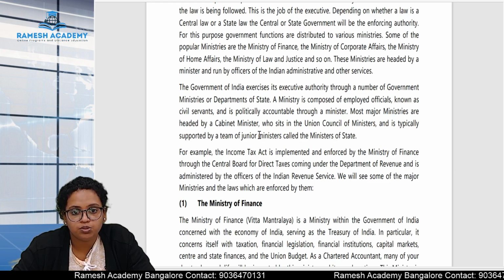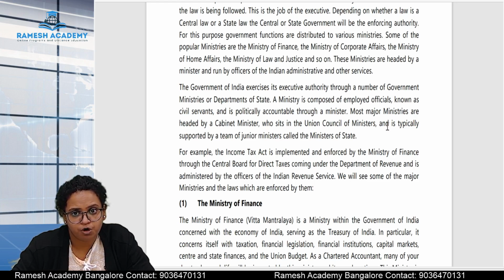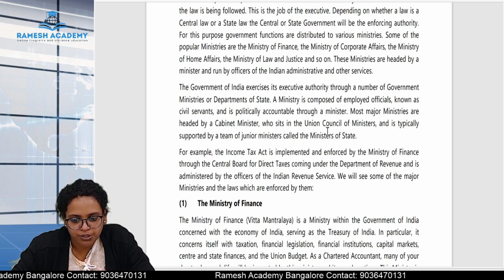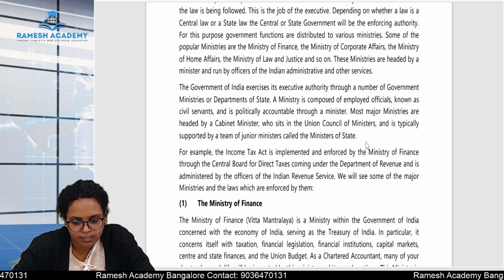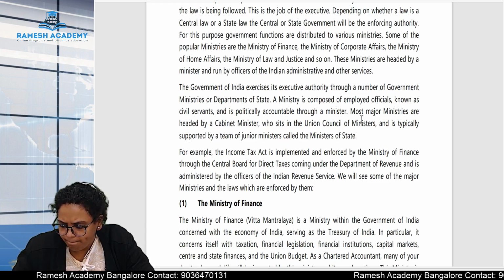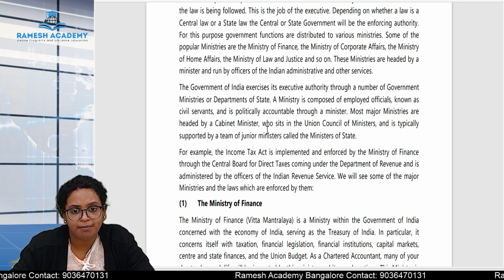So most ministries, like the Ministry of Finance and the Ministry of Corporate Affairs, are headed by a cabinet minister, who sits in the Union Council of Ministers and is typically supported by a team of junior ministers called Ministers of State.